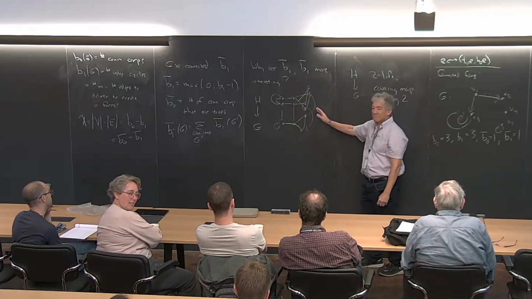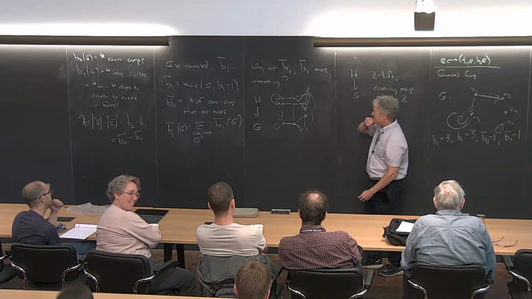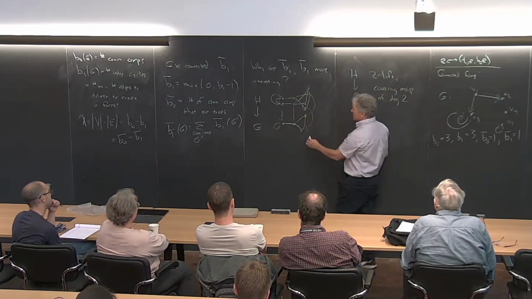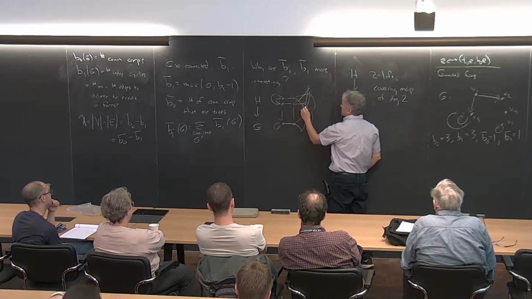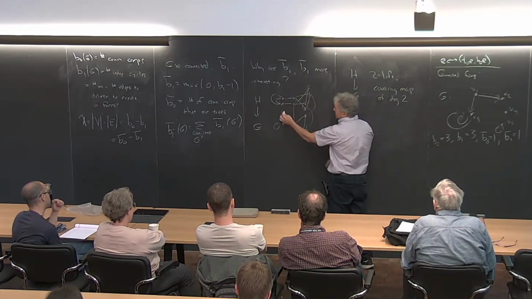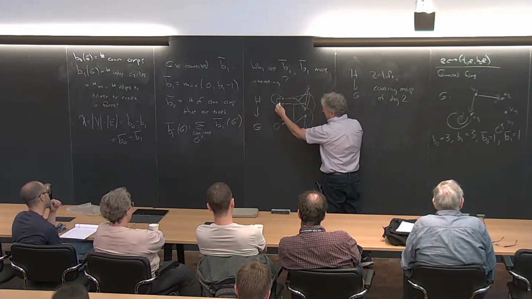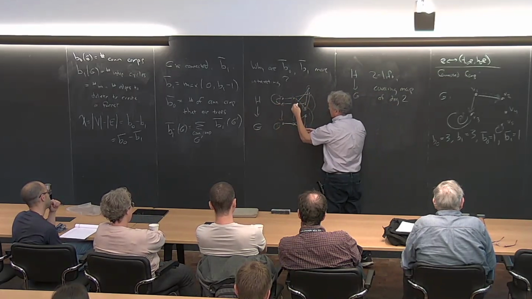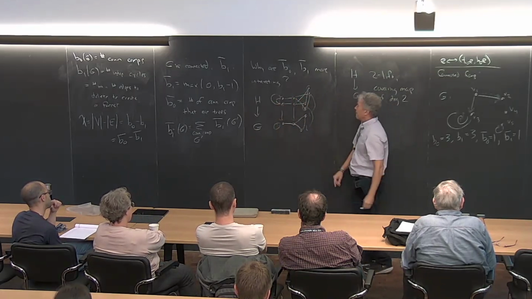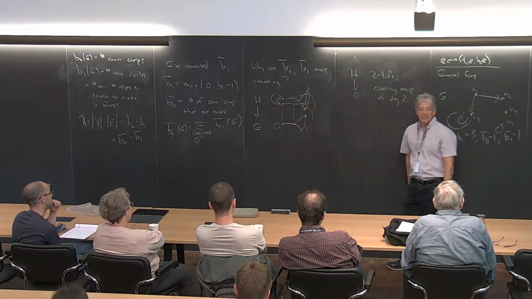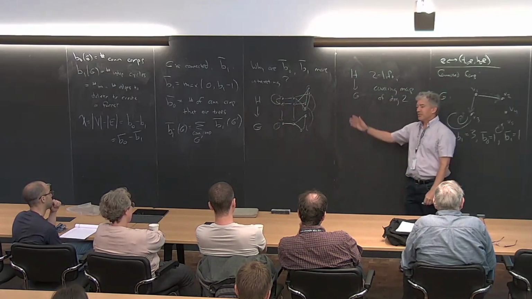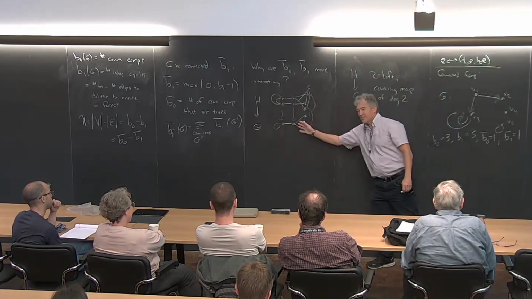Now I think it's a bona fide covering: I've got two fibers over each vertex, and over each edge, 1, 2, 3, 4.